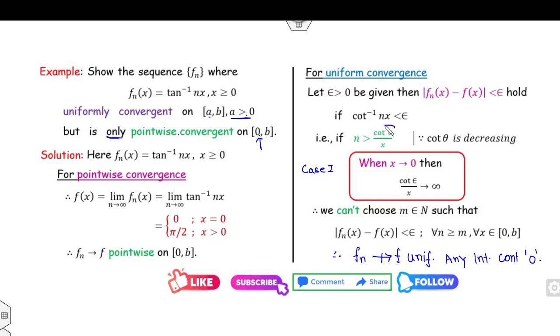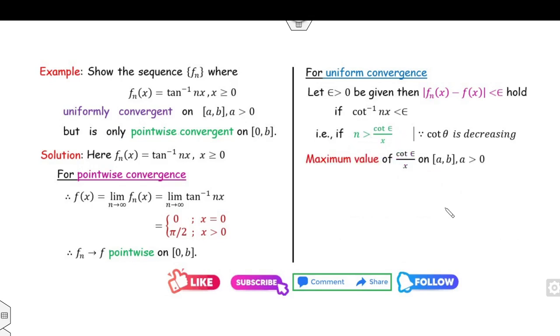Case 2, your target is to find the maximum value of cot epsilon divided by x. How can you find the maximum value? Again, you can see the numerator is epsilon, which is a constant. So this value will be maximum when, because it's a reciprocal, the denominator is minimum. What is the minimum value? a is the minimum value.